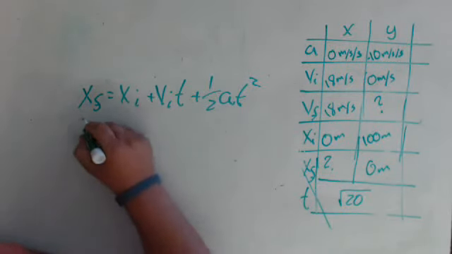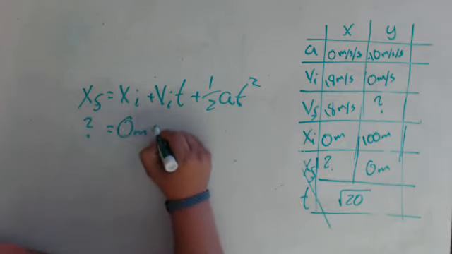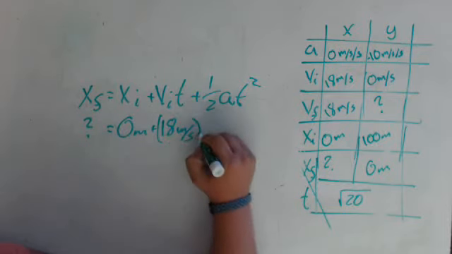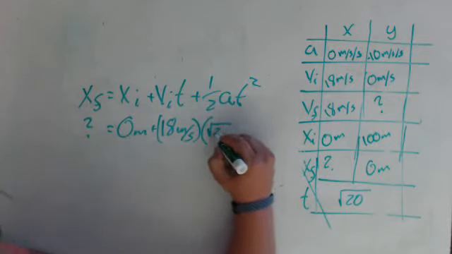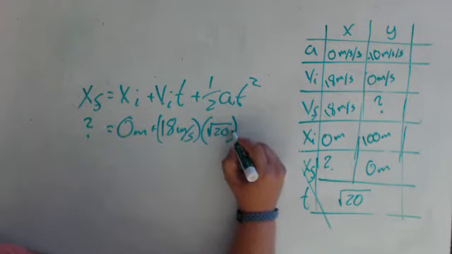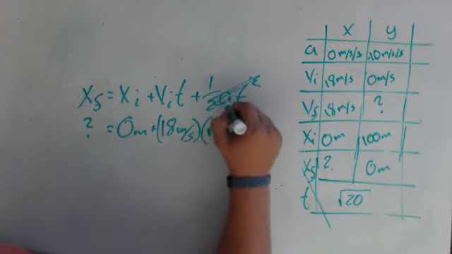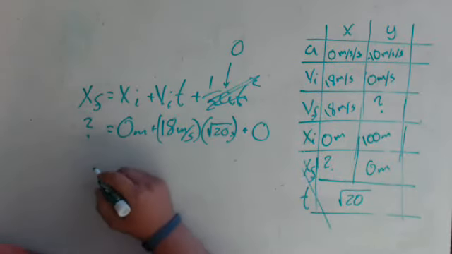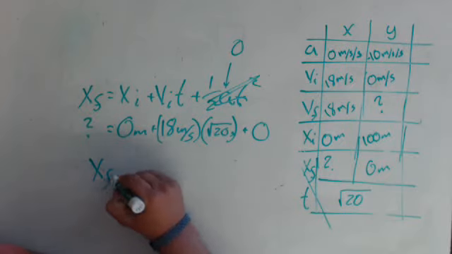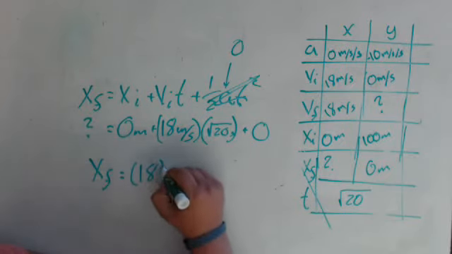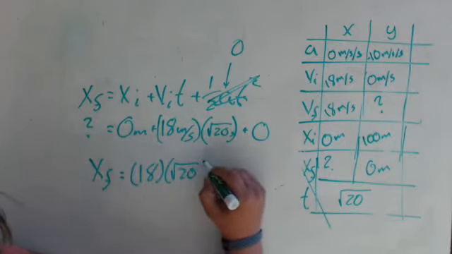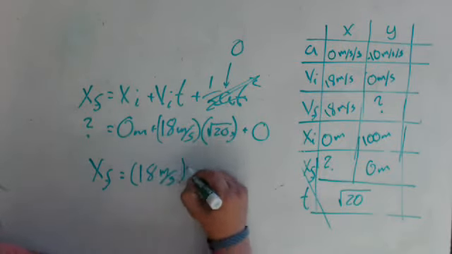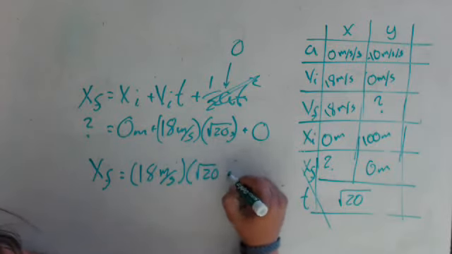X final, I don't know. X initial is 0 meters plus my initial velocity, 18 meters per second. This time I do have time, square root of 20 seconds, plus this term with the acceleration equals 0 goes to 0. So that means that my unknown, my x final, is equal to 18 meters per second times the square root of 20 seconds.